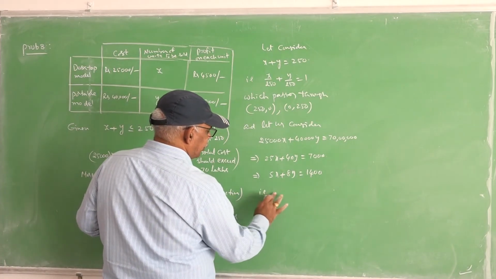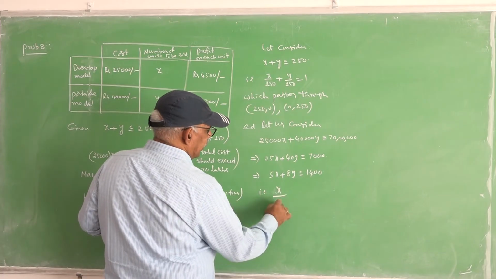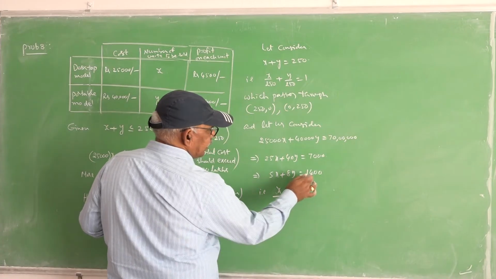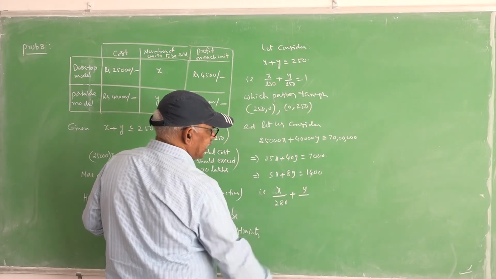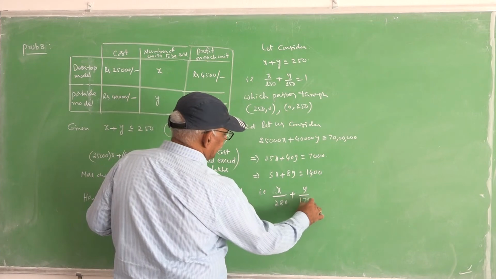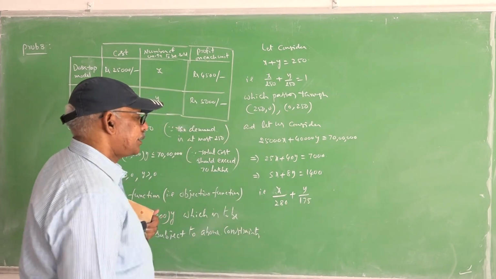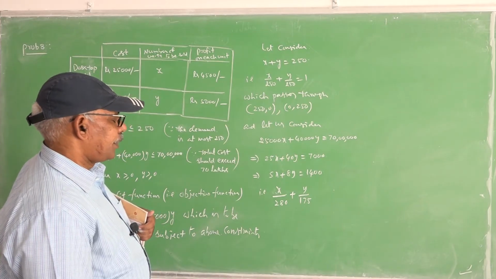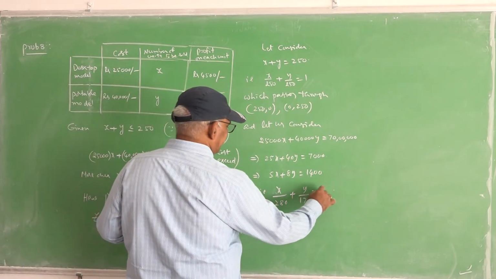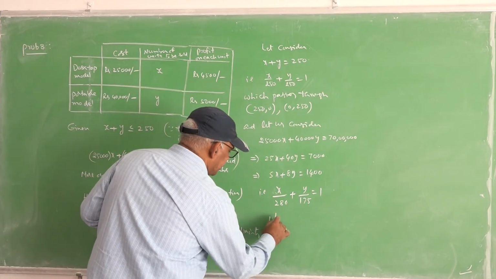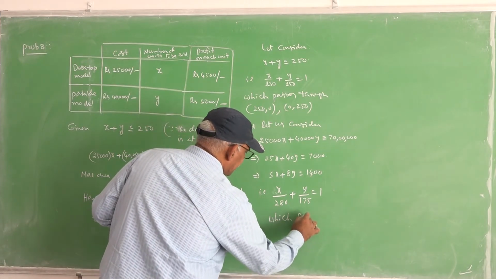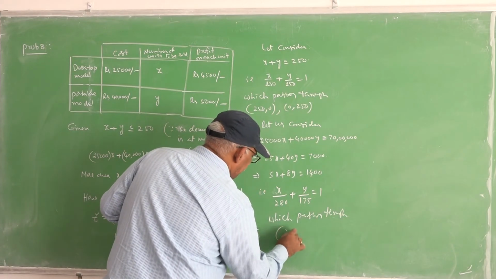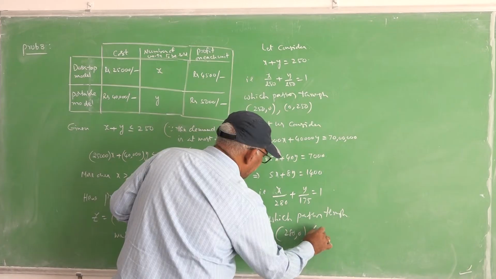That can be reduced to X by 280 plus Y by 175 equal to 1, which passes through the points 280 comma 0 and 0 comma 175.